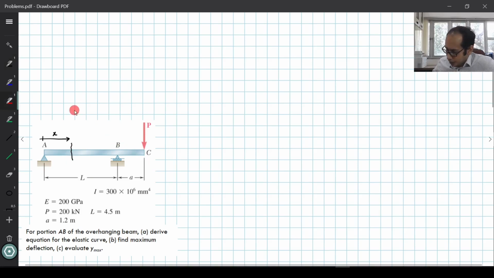You can go back and check it later. So these are the reactions that you get. At the left end it is minus P over L, so essentially it pulls the beam downwards over here. Now at a distance x, let's draw the free body diagram and write the expression for the moment.